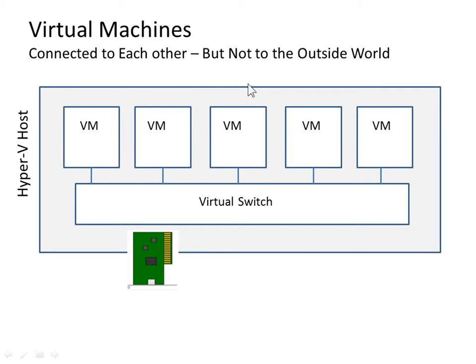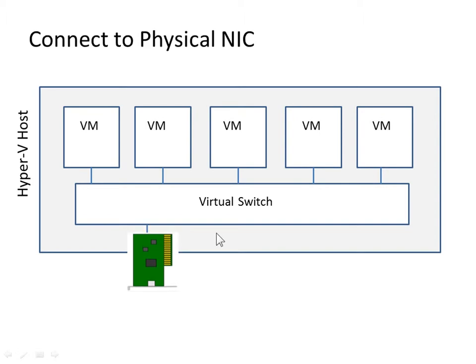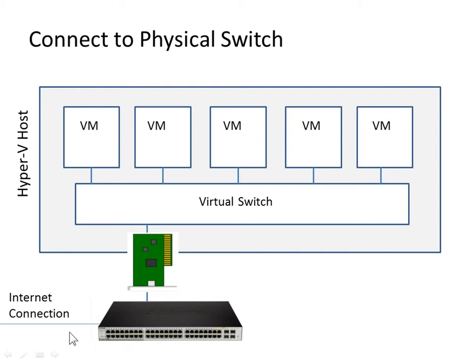So when we were first setting up our network, we'll make this one the DHCP server, and this one the DNS server, and this one the Active Directory server. And then once they're all set up right, and after we've tested them, then we extend the production network into virtual space, which simply means we connect the virtual switch to the physical network interface card, which is connected to the physical switch, which is connected to the outside world.